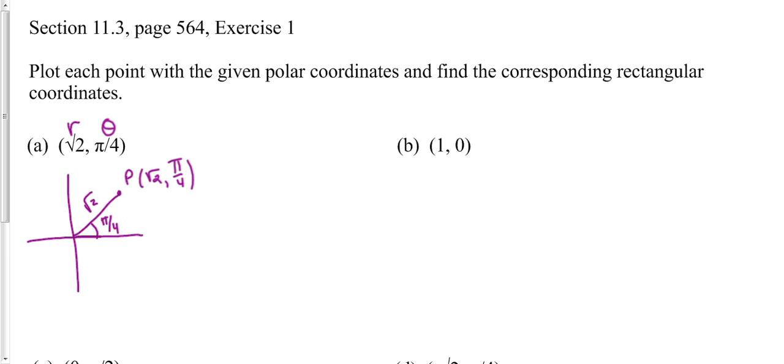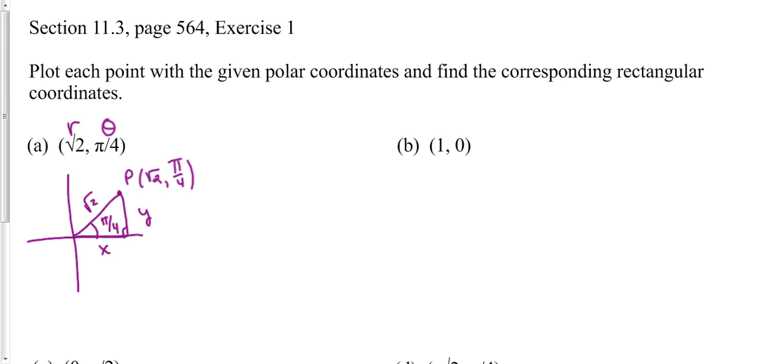Now if I fill in my x and y components, we can see that they are going to be the legs of a right triangle with a hypotenuse of radical 2 and one angle of pi over 4.